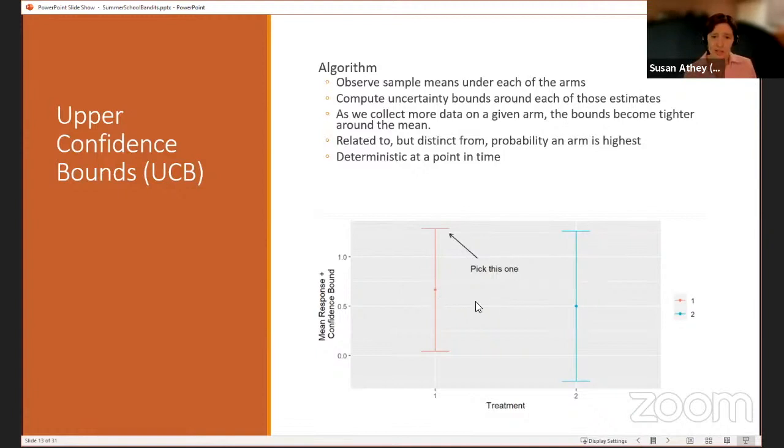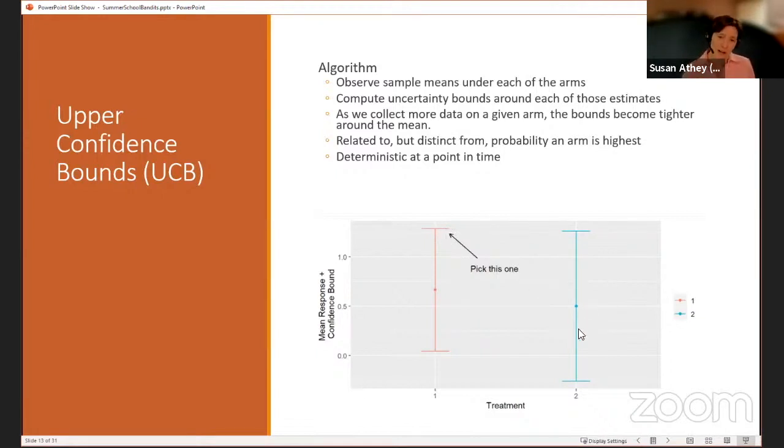So in this case here, I'm showing 2 arms, arm 1 and arm 2. The dots are the sample means to date, and these bars are the error bars around them. Because the red bar has the highest upper limit of the confidence interval, for the next batch, you would pick entirely arm 1.